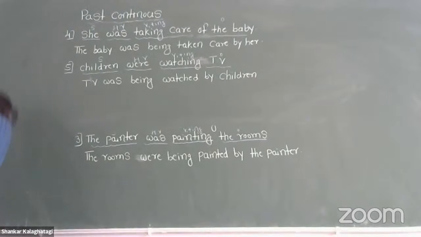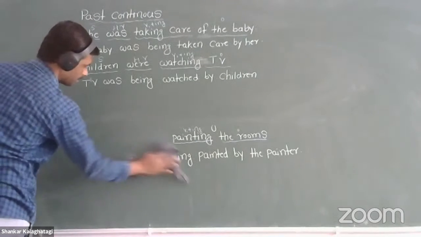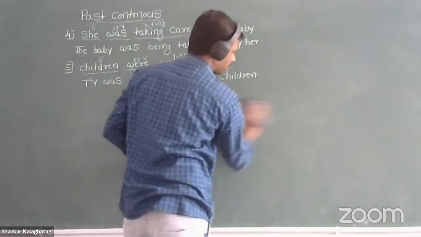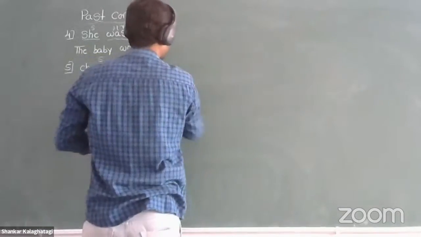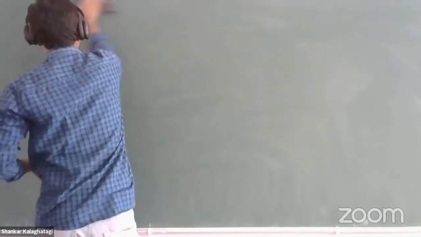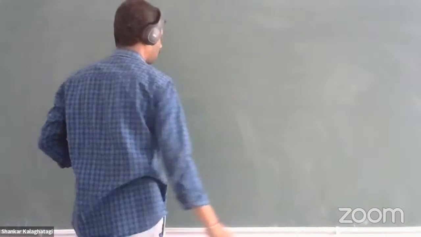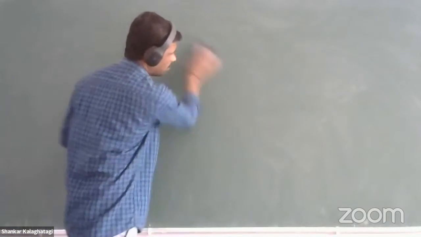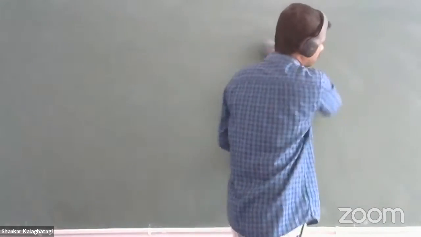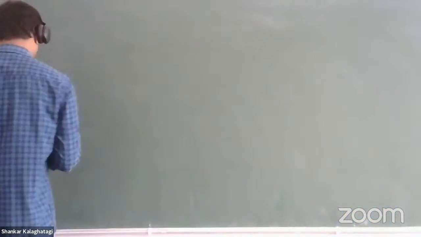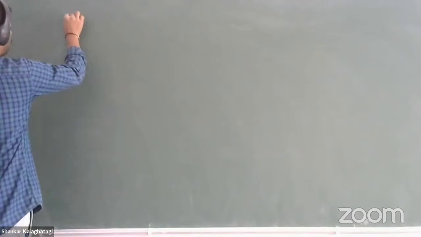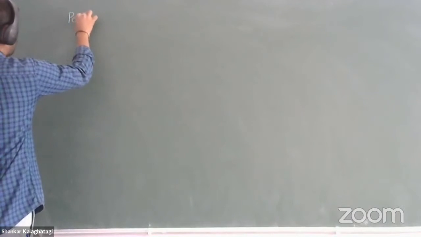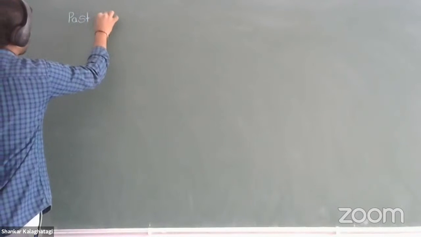Okay. Next tense form, that is past perfect. Now past continuous over. Now go for past perfect.